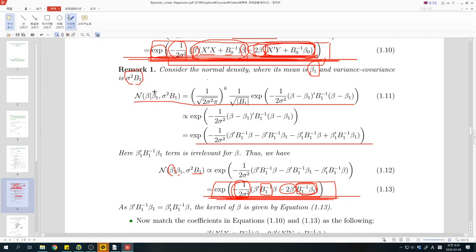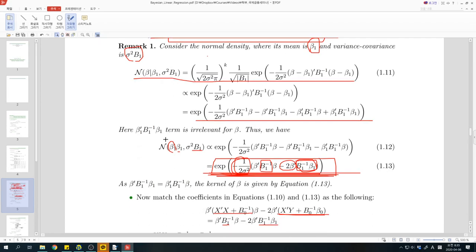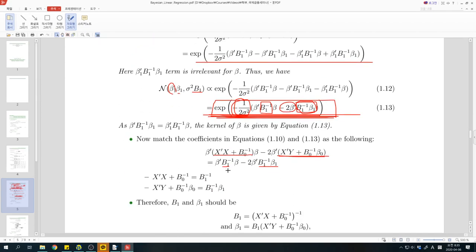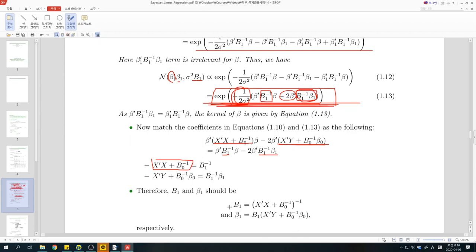But we don't know beta 1 and b1. There are just some numbers beta 1 and b1. So this term should be equal to b1 inverse. Then what about b1? b1 must be the inverse of x prime x plus b0 inverse, right? So that's why we have this b1.